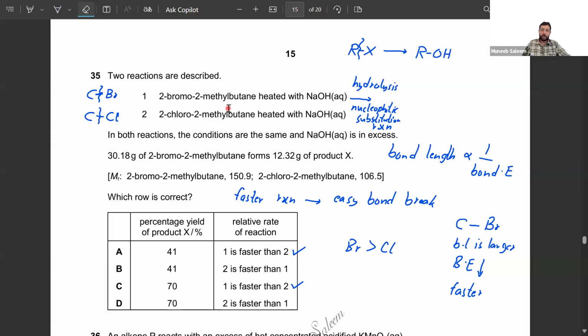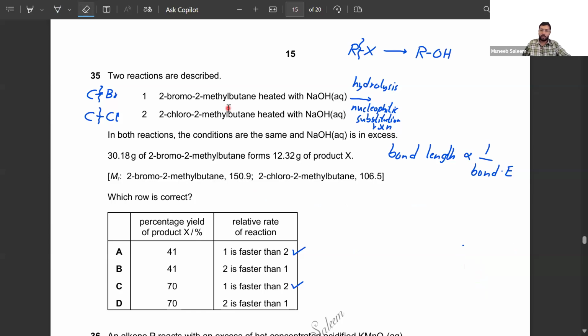Now we have to find the answer of the second part, that is the first column. What shall be the percentage value, the percentage yield of the product X? So basically, it is related with the formula that percentage yield is calculated as actual yield divided by theoretical yield.